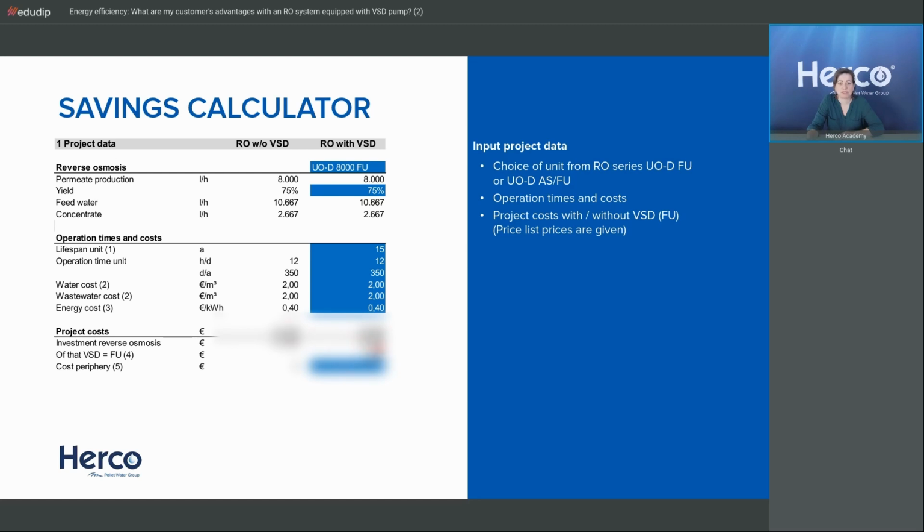And this is the unit price that we have right now. This is what we think the variable speed drive equivalent is approximately, from our experience with our units. So this would be theoretically the price without variable speed drive. You know that we don't offer this type of unit anymore, but it gives you a comparison with units of somebody else. Okay.